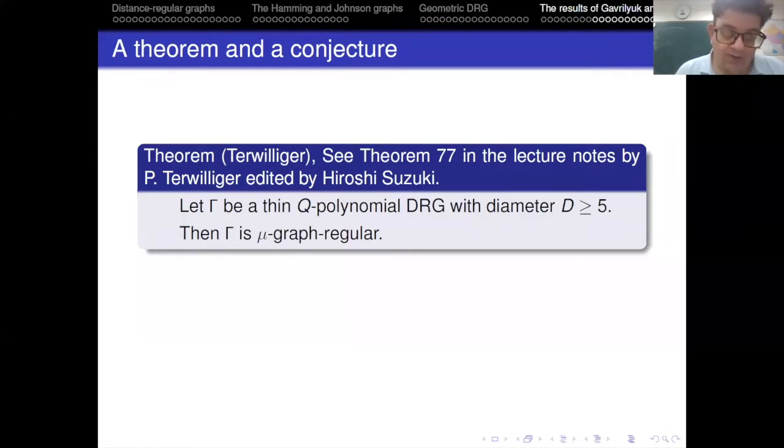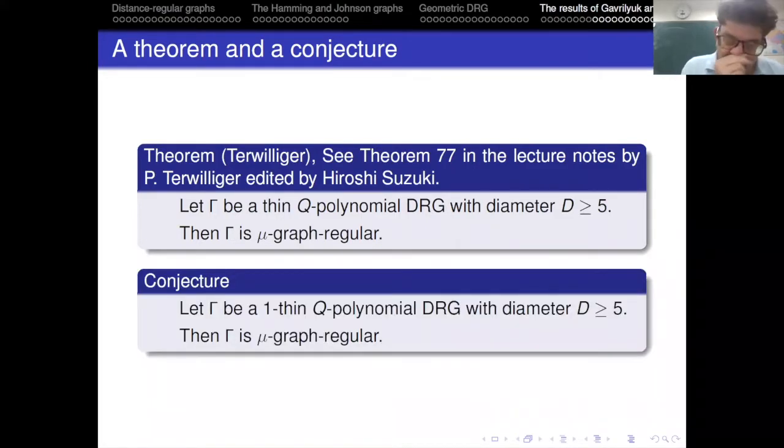If you don't know what Q-polynomial means, think about distance regular graphs with classical parameters. With diameter at least 5, gamma is mu graph regular. In his theorem, he can show many more combinatorial regularities of the graph gamma, but I will not discuss what he did in that theorem, which is in the lecture notes.